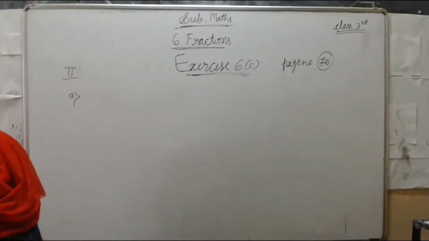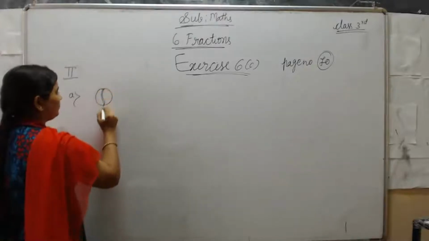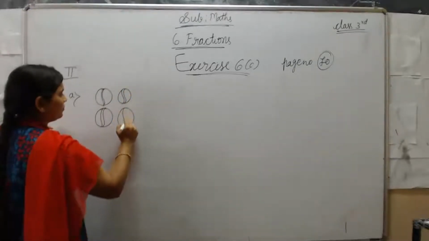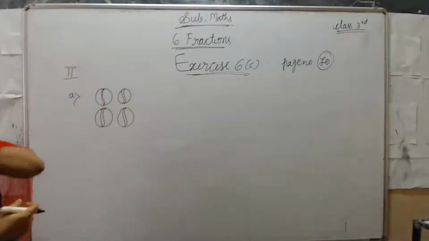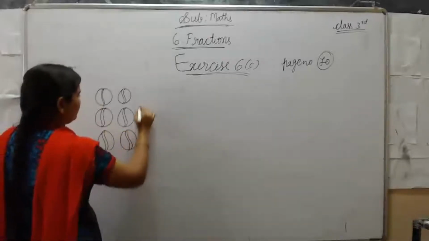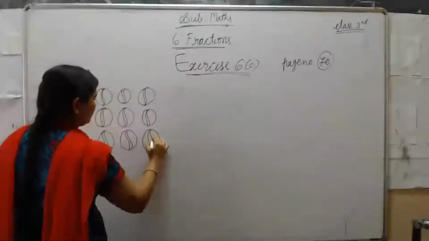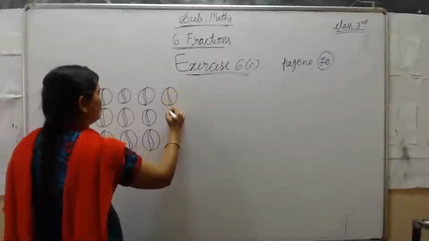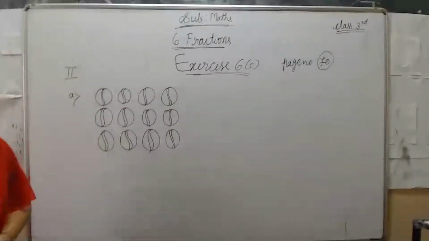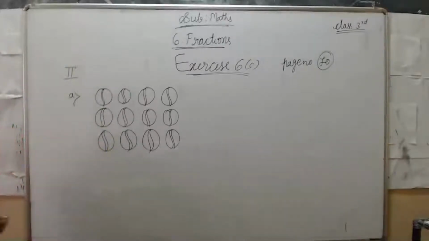There are 12 balls. These balls can be divided into 2 equal parts.